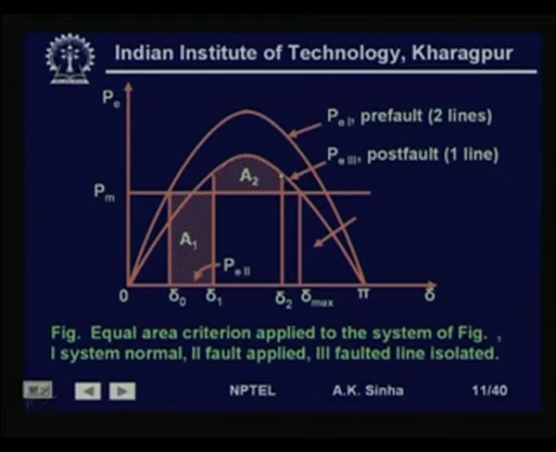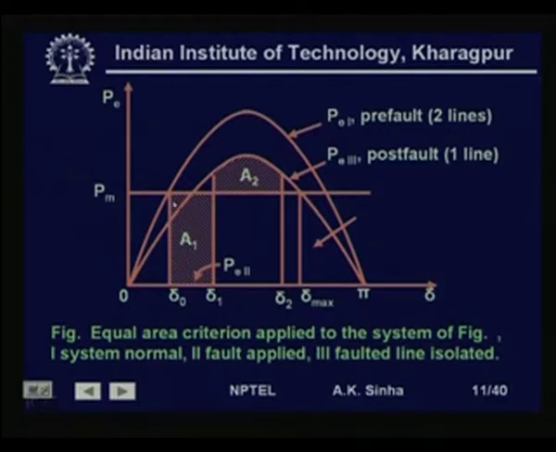When it reaches this point delta 2, the speed becomes equal to the synchronous speed, but since the mechanical power input is less than the electrical power output, delta will keep on moving along this, and finally it will start operating at this point where P m is equal to P e. At this delta angle it will finally settle, because the oscillations will die out.